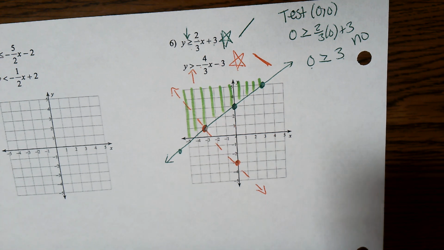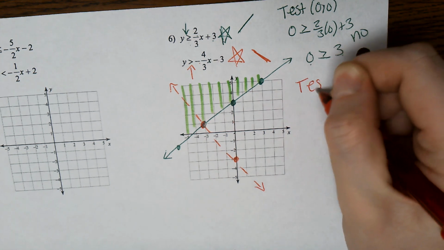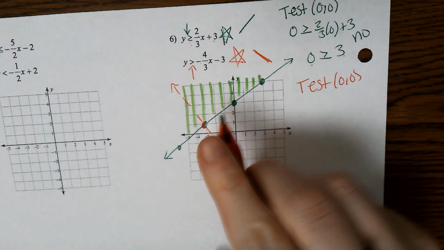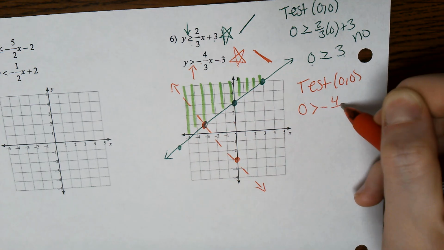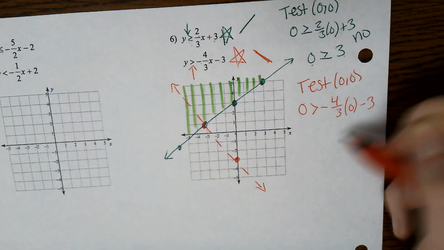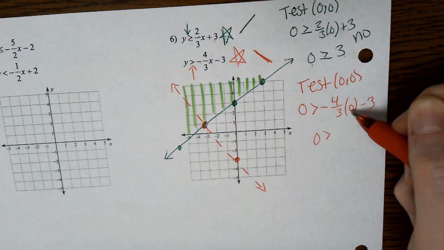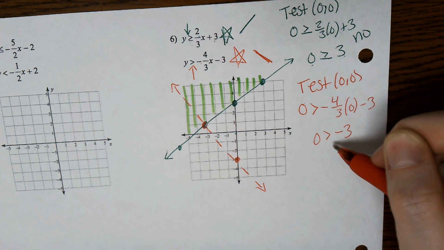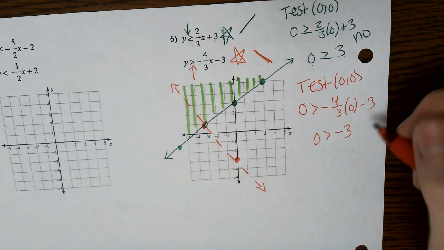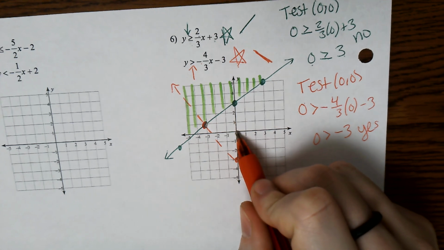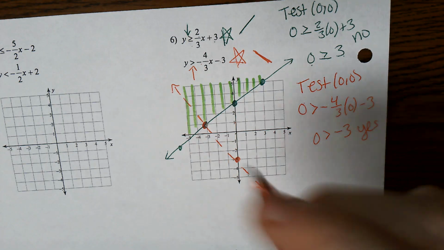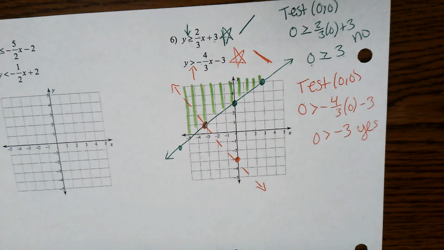Now I need to figure out where to shade here. So again, I'm going to test the point 0, 0. And this inequality is 0 bigger than negative 4/3 times 0 minus 3. So this becomes 0 minus 3. 0 is, in fact, bigger than negative 3. So I'm going to shade the side where that is. I'm just going to use pink here.